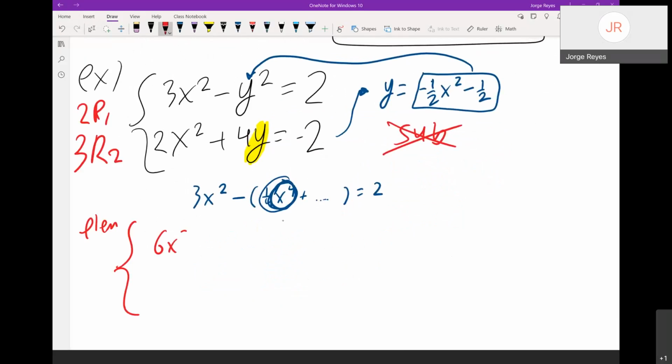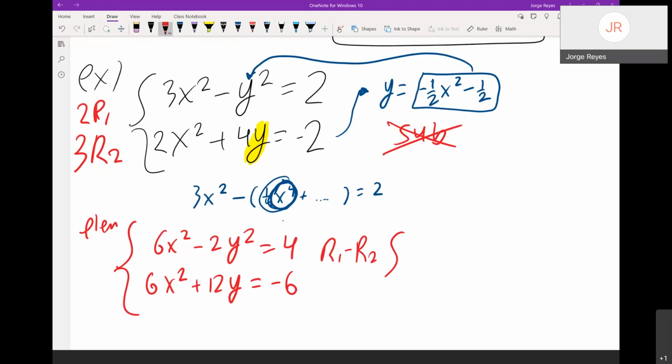So 6x squared minus 2y squared equals 4, and 6x squared plus 12y equals negative 6. So row 1 minus row 2, and I'm going to go back down.